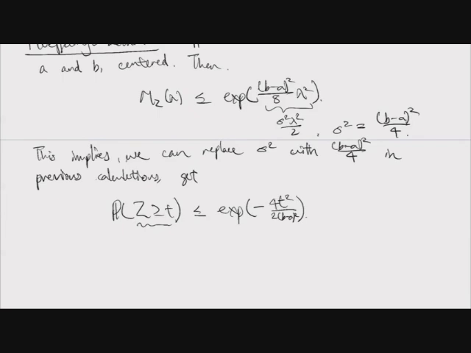Then I do a cancellation: cancel 2, this becomes 2. I'm just writing this out again. This becomes minus 2 t squared divided by (b minus a) squared. So this is what happens for a single bounded random variable.